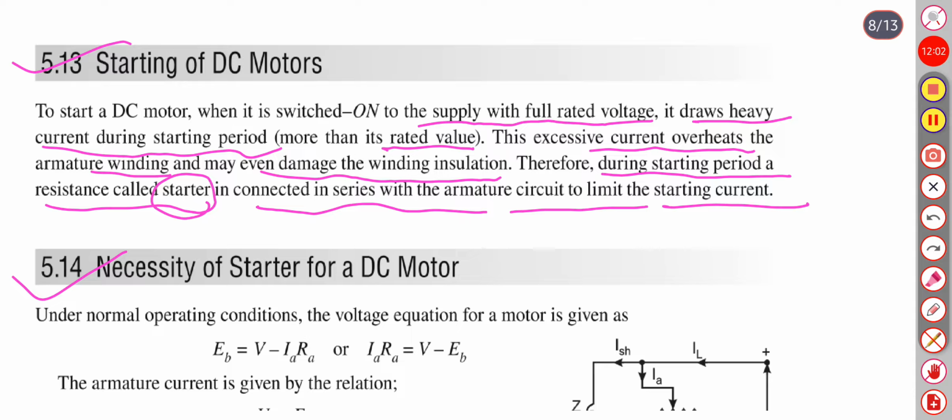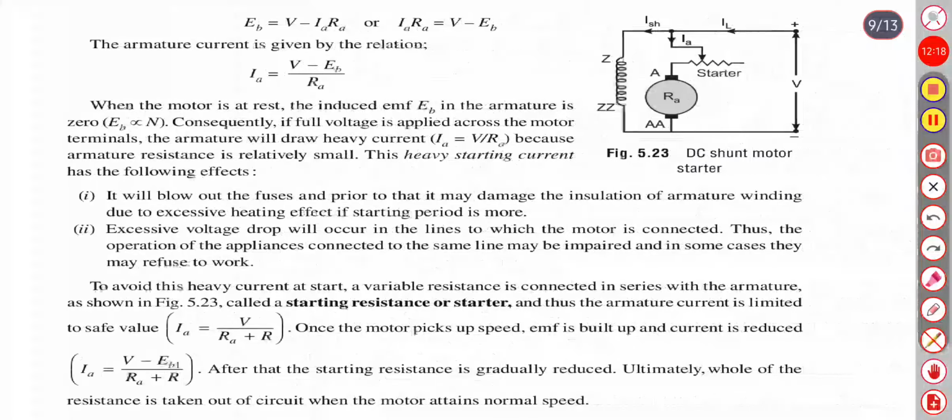So this is the necessity of a DC motor starter. Under normal operating conditions, the voltage equation for a motor can be given as Eb equals V minus IaRa, or IaRa equals V minus Eb. The armature current is given by the relation Ia equals (V minus Eb) upon Ra.